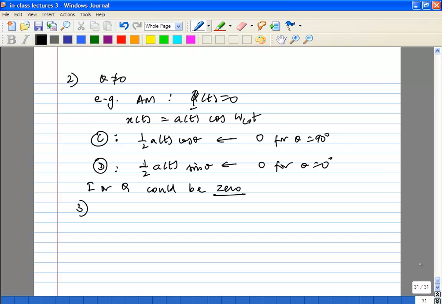Then let's consider the case of phase modulation, or FM, doesn't matter. It's arbitrary. Theta varies depending on the input signal.